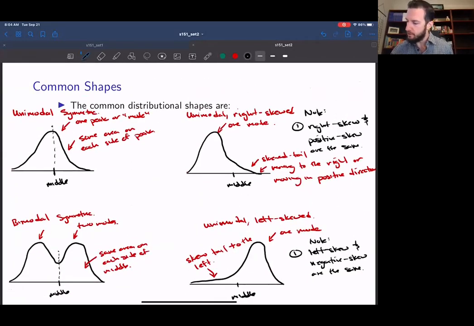So the first image here, this would be our symmetric unimodal shape. So we have one peak, hence uni, and we have symmetry around the middle. The other two most common shapes, at least in this class, would be the unimodal right skewed shape. So that would be the second image shown here.